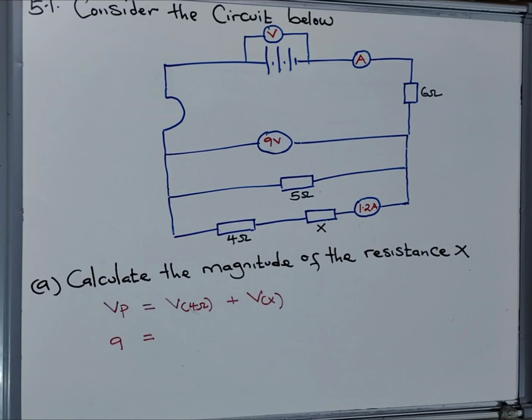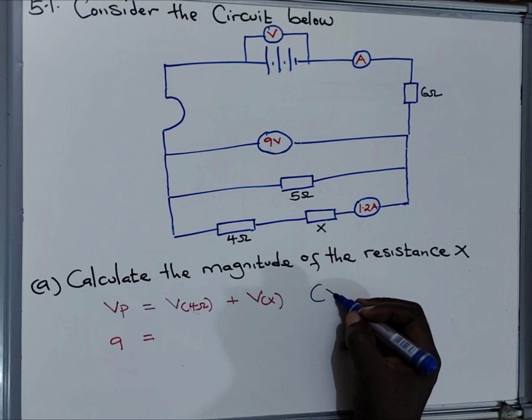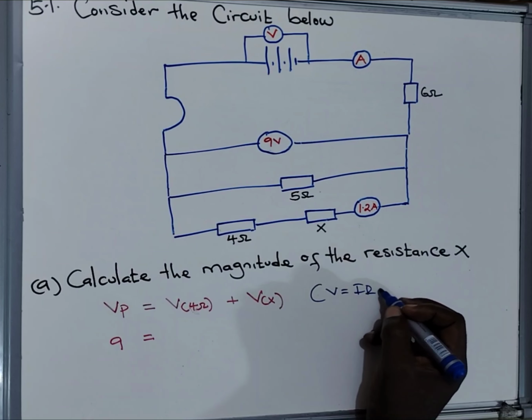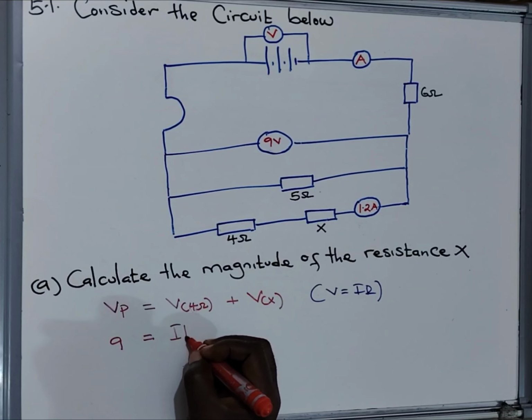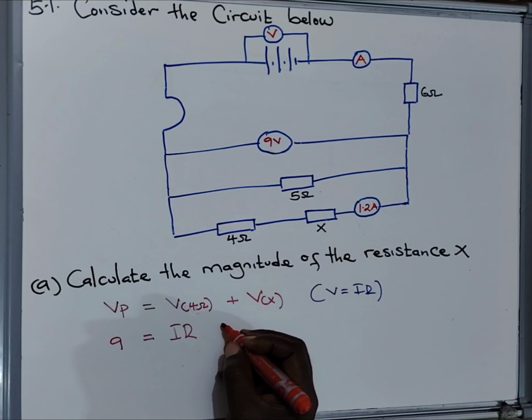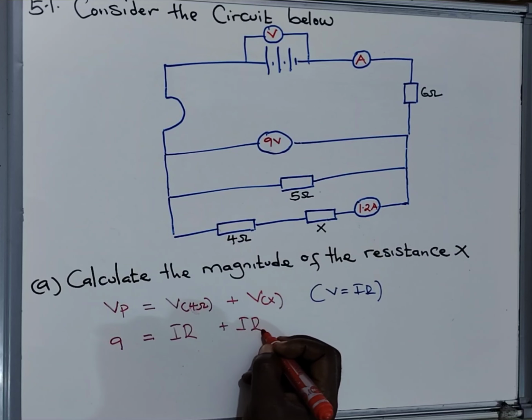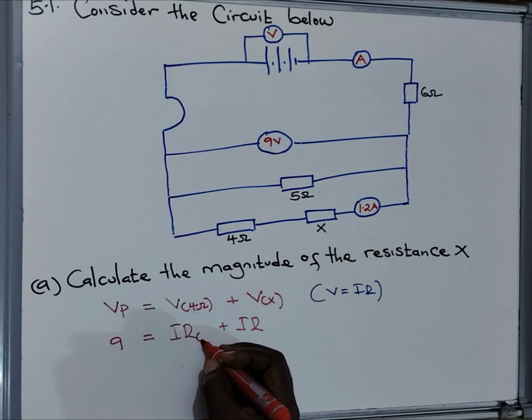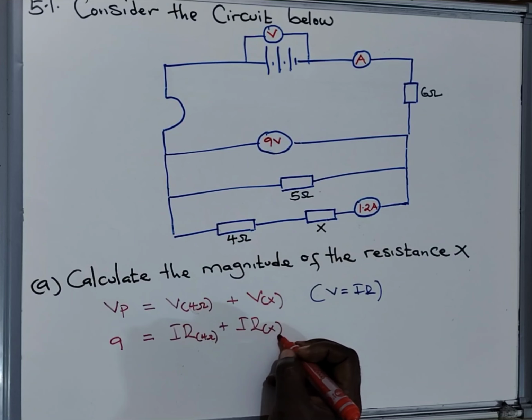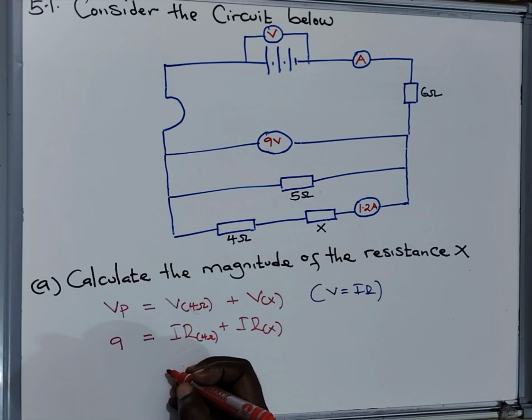What is this one? You have to remember that every V is equal to IR. So this one is IR plus IR, where this is R of 4 ohm, and this is R of X. Now we can substitute what we know.